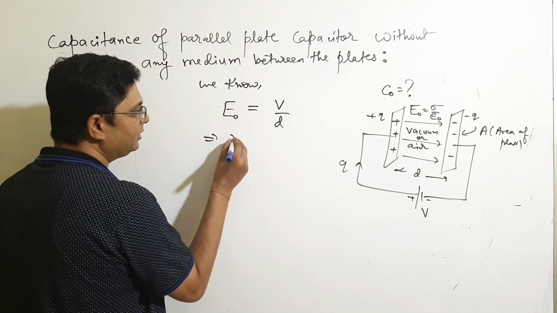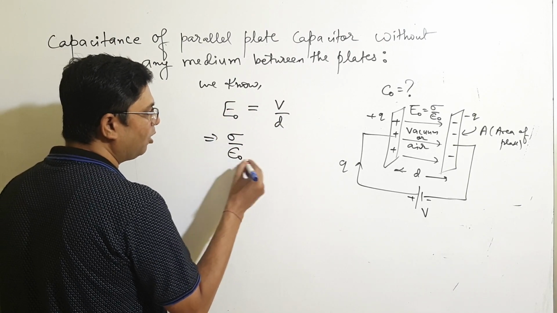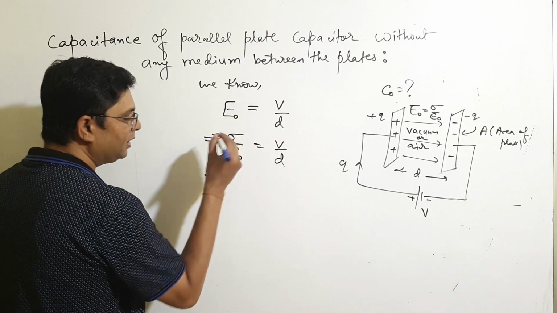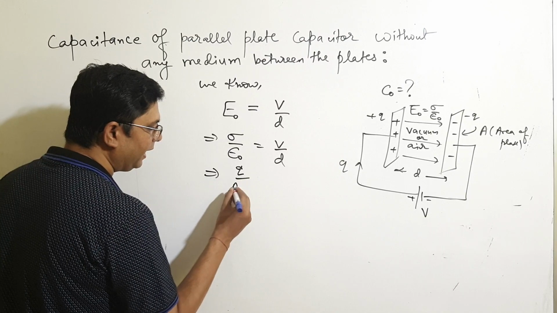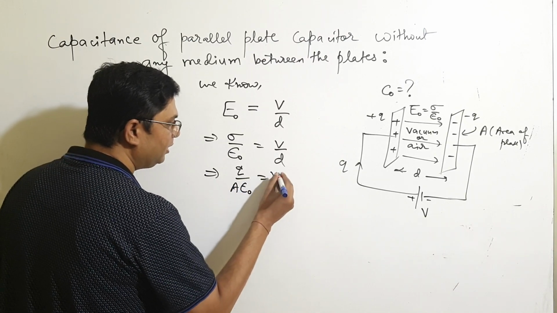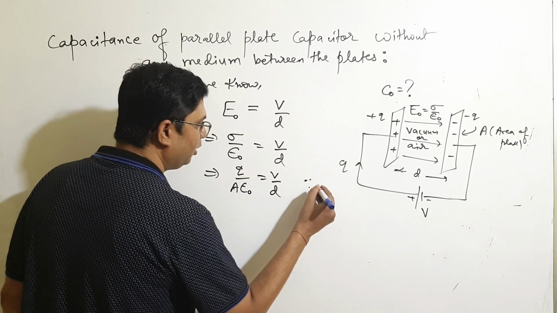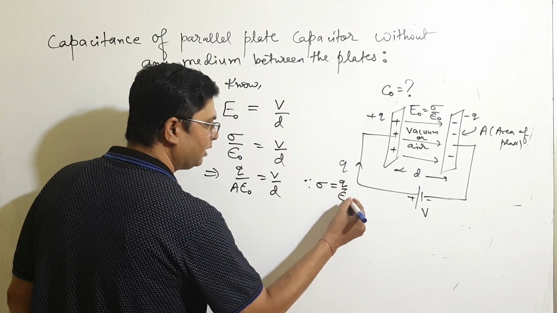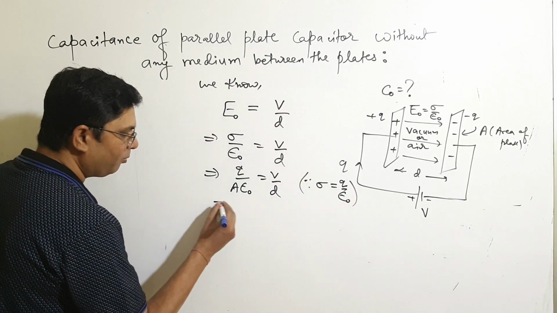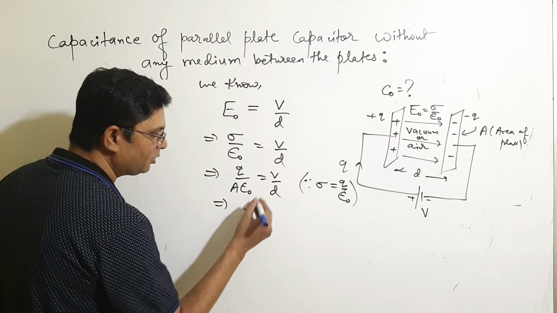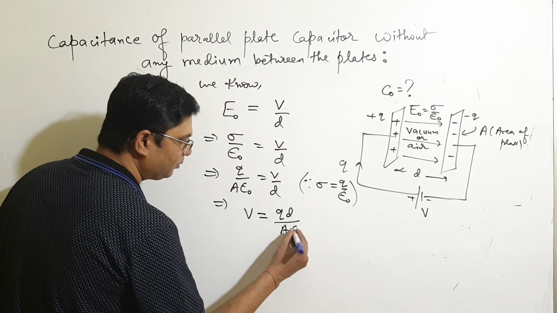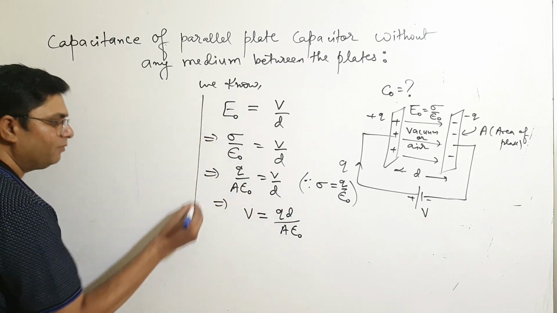E naught is sigma by epsilon naught, which equals V upon d. So sigma is Q by A epsilon naught, which equals V by d, because you know that sigma, the surface charge density, is Q by A. So from here you have V equals Q d upon A epsilon naught.